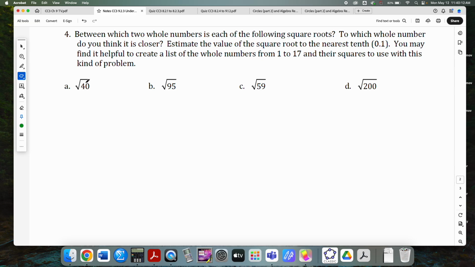So what's a perfect square that's a little bit less than 40? 36. And what's a perfect square that's a little bit more than 40? 49. So the square root of 40 is between 6 and 7.